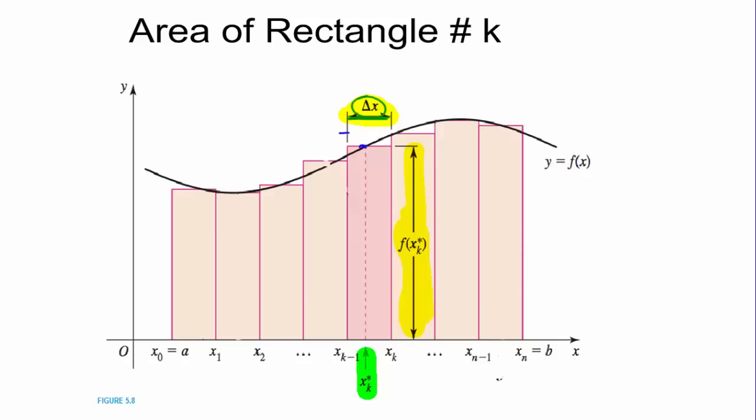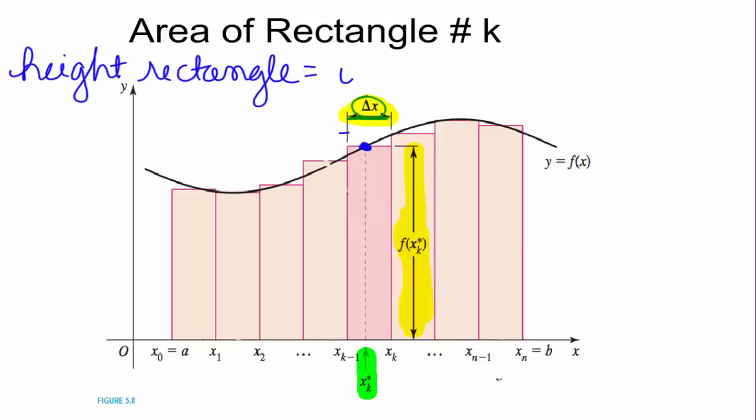Right here, this point on the function is some x value comma some y value, and it's the same height as the rectangle. And height, is it the x value or the y value? Y.